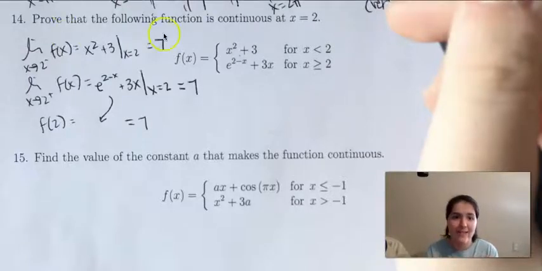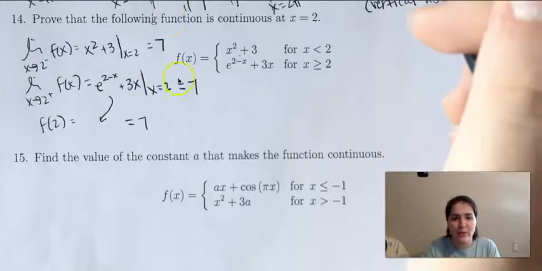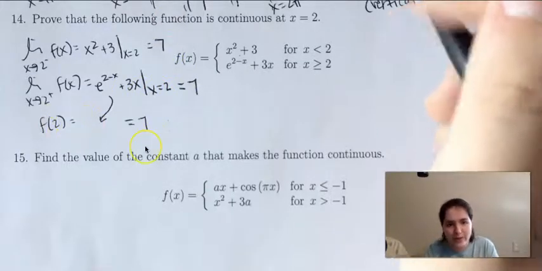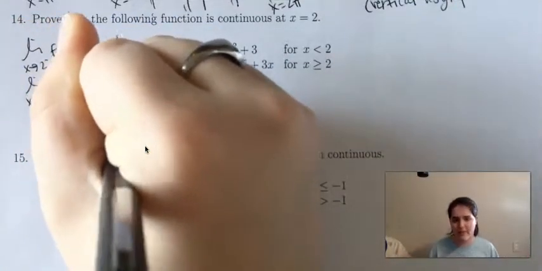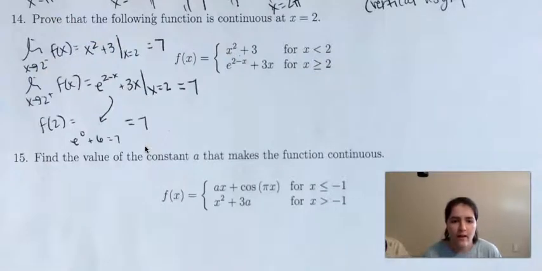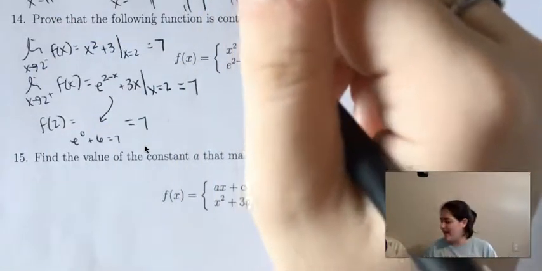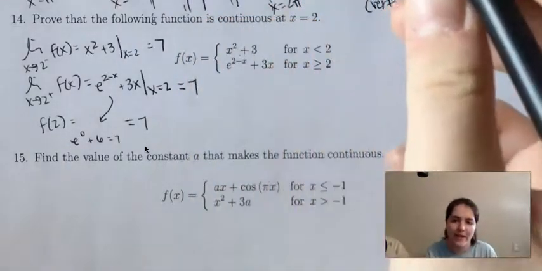And since these are both 7, and the function itself also equals 7, then the function is continuous since the limit equals the function. Oh, wow, I wrote it. Nice. And then we have our nice sentence that makes sense that I will write right here.